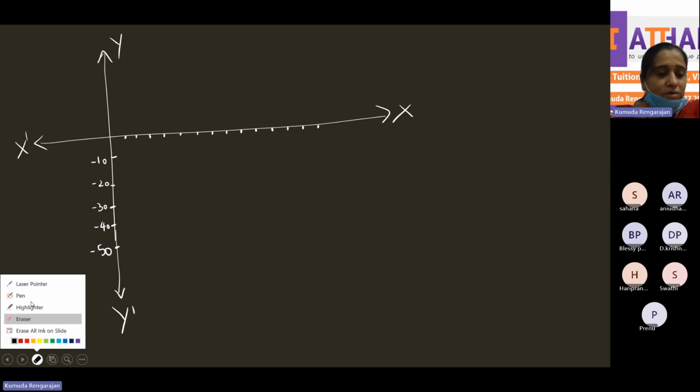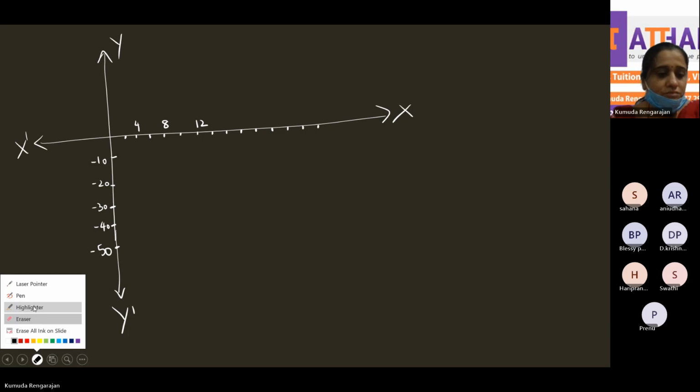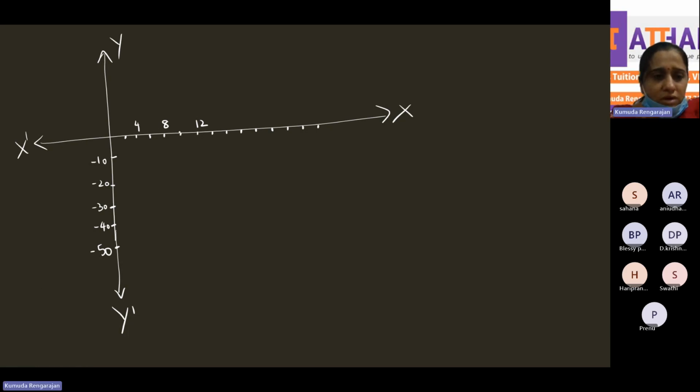I'll write it above because it's congested. So I'll write it above here. 4, 8, 12, 16, 20. Correct? Okay.